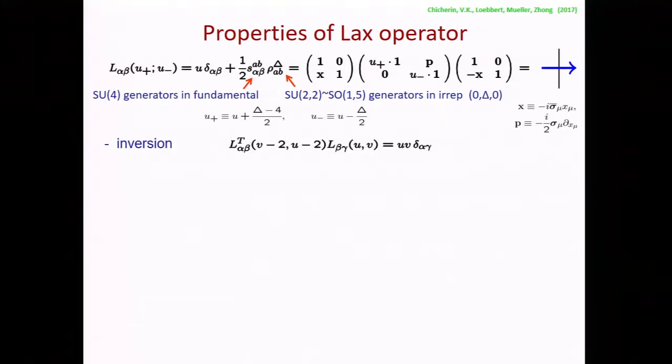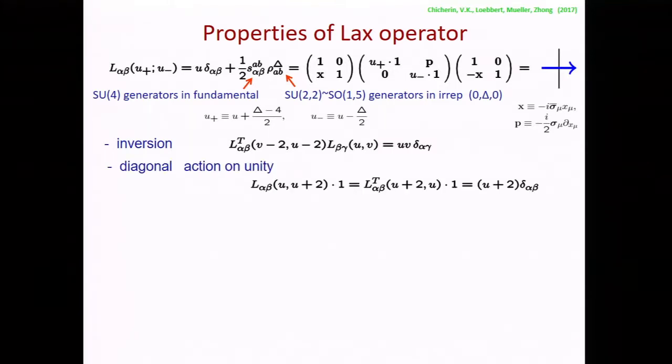And let's list some interesting properties useful for the formulation of Yangian symmetry. So there is the inversion property. You can invert L by shifting these 2 parameters, U plus, U minus, and taking the transpose in quantum space.